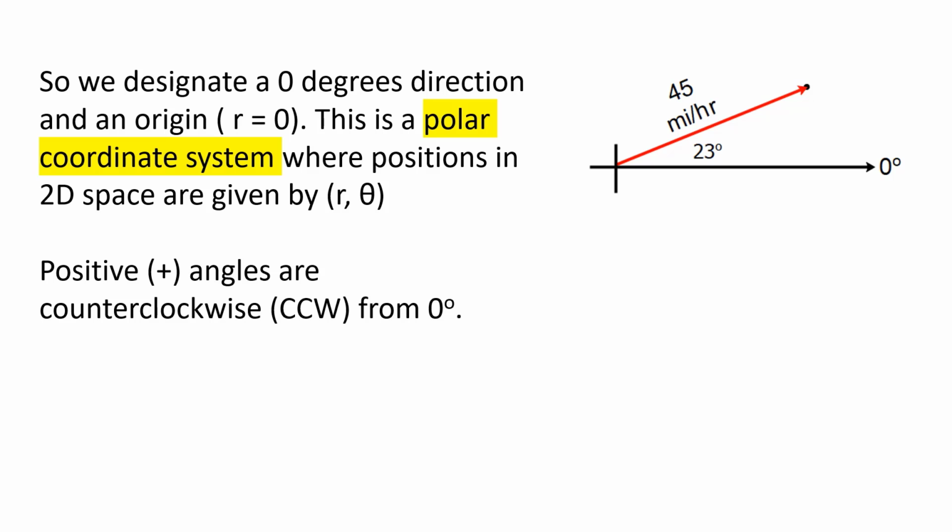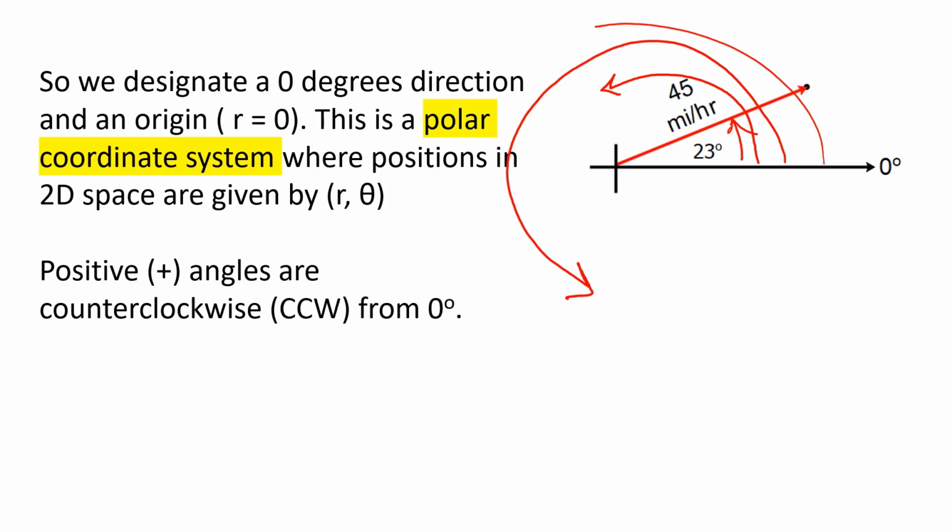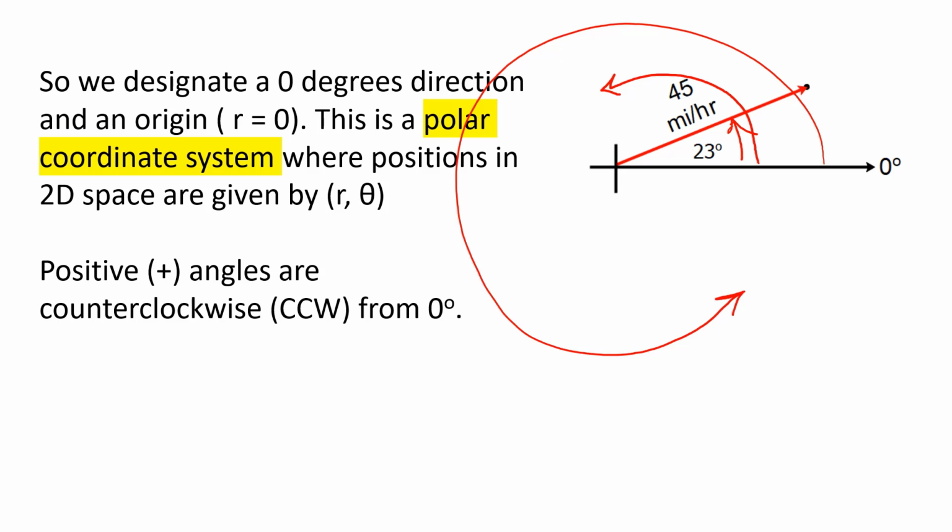So for example, I can rotate 23 degrees. I can rotate it more than 23 degrees, and I can keep rotating it, and I can rotate it without end. I can rotate it as far as I want. So those are all positive angles. All right, so let me get rid of those.